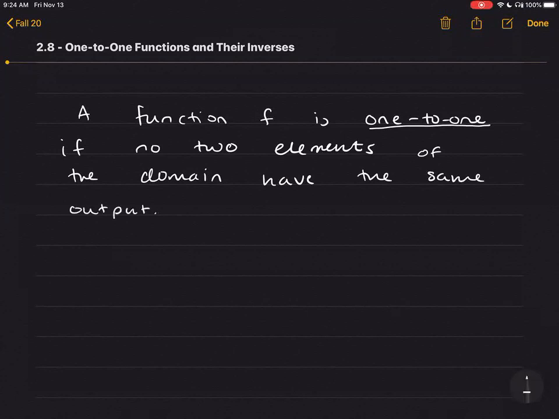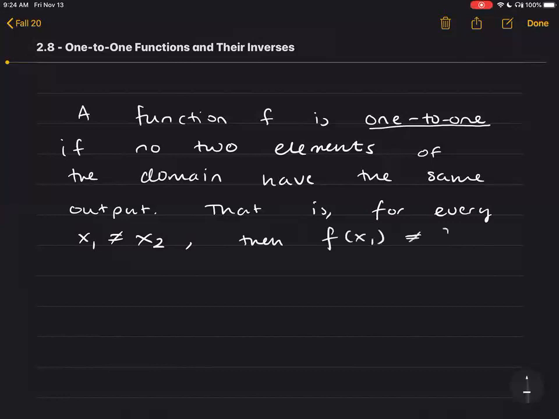So in symbols, what that means is, every time you have two inputs that aren't the same, an input x1 and an input x2, then their outputs aren't going to be the same. So that's what being one-to-one means.